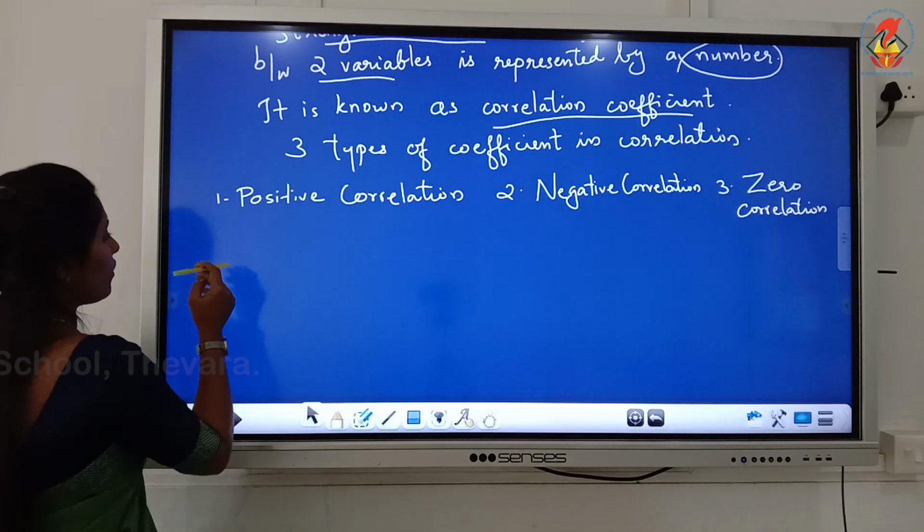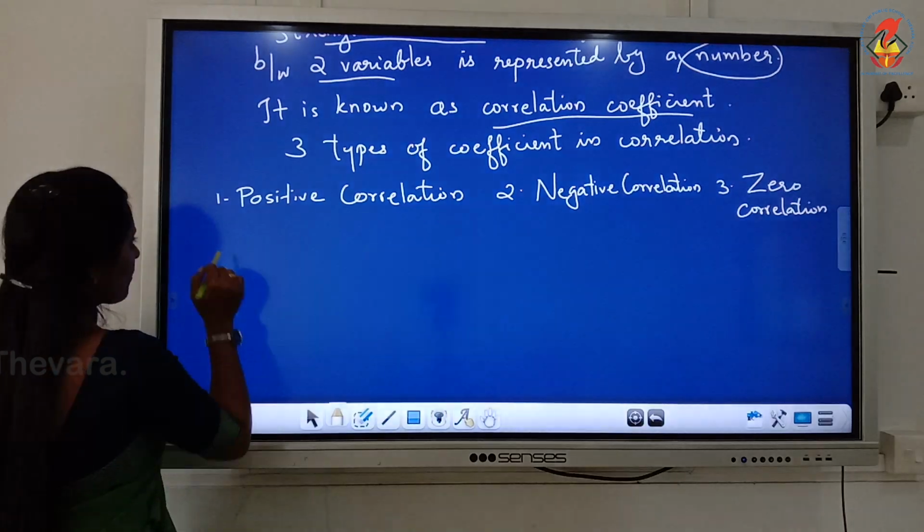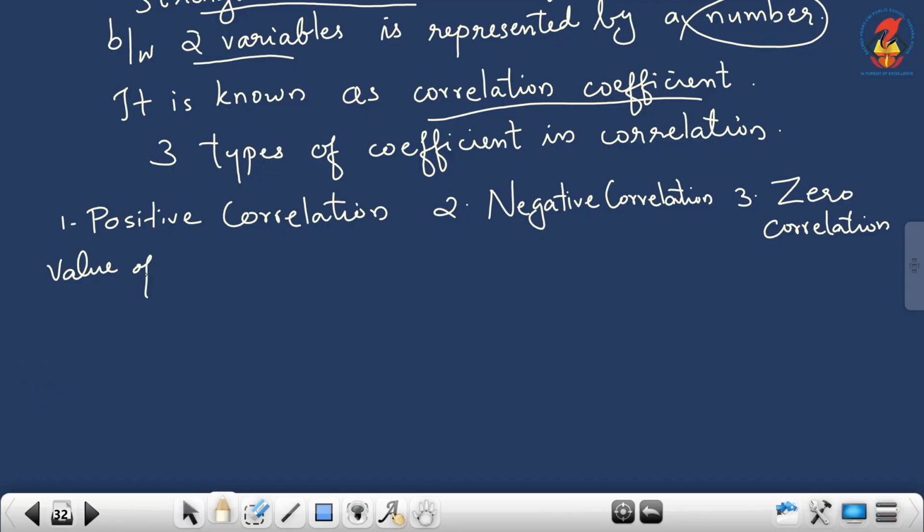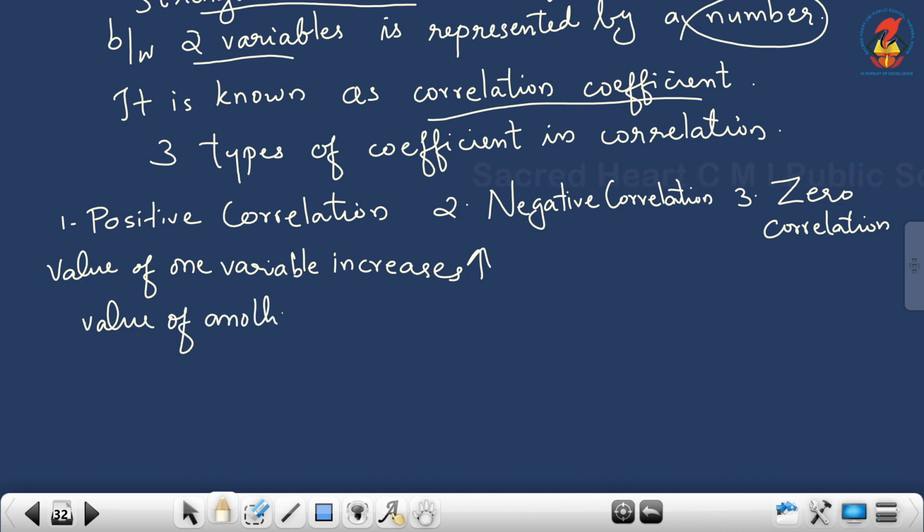If the value of one variable increases, the value of another variable also increases.